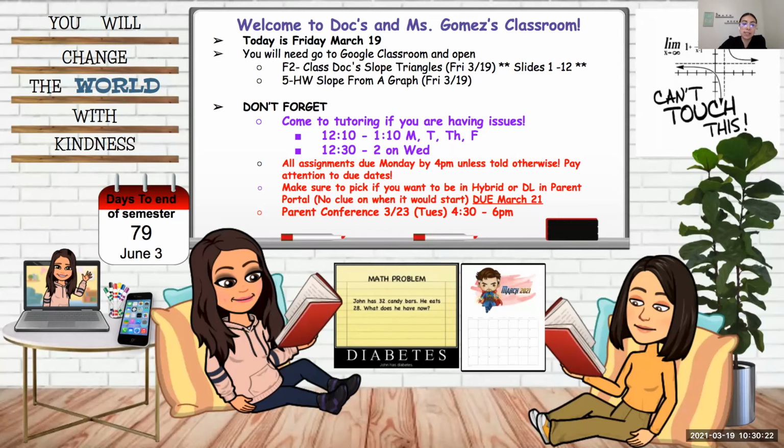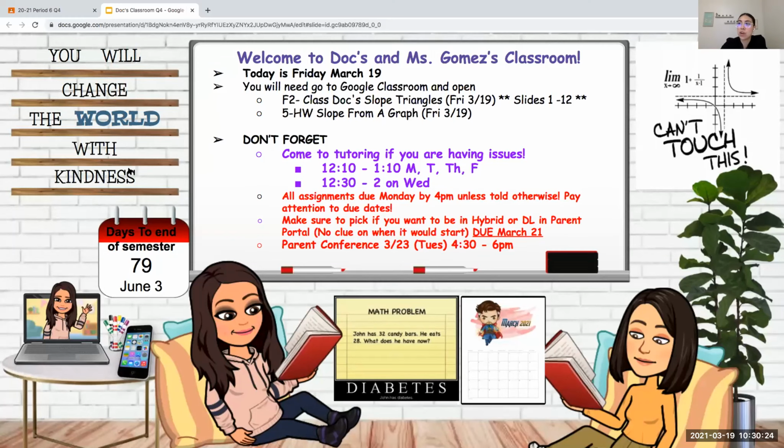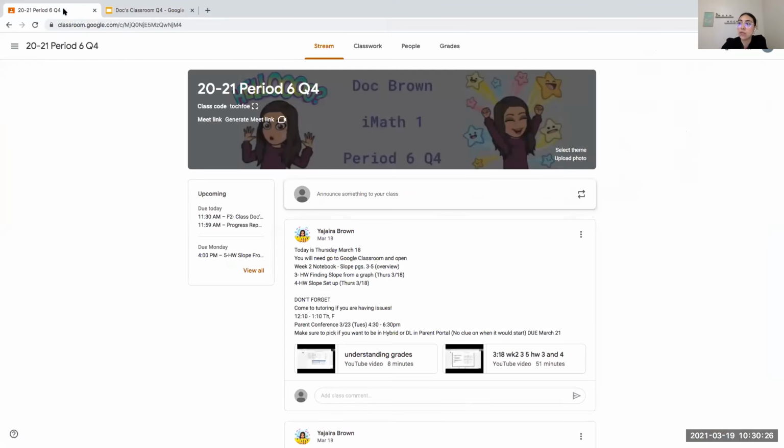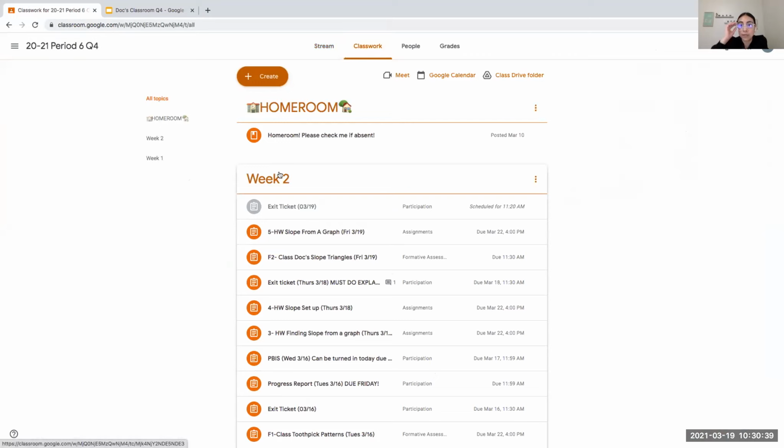All right, so I see some of you are already trying to join on Desmos. So for today, you want to go into Google Classroom. We're just getting started, so you're joining us right at the right time here. Go to Google Classroom, classwork. You'll want to look for the class docs, slope triangles.